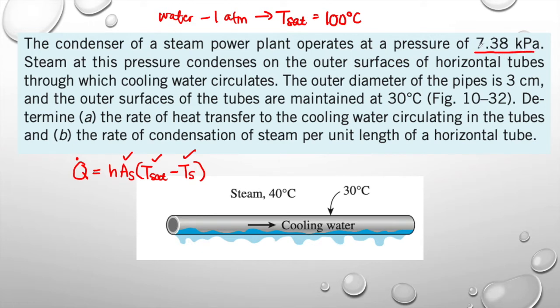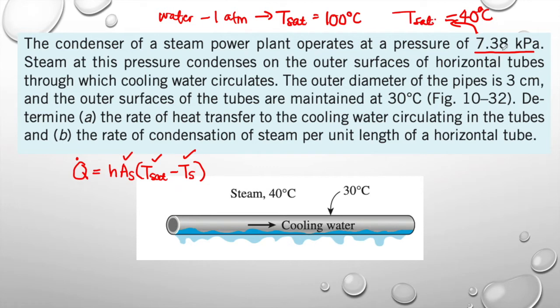So what you have to do is determine the temperature at this pressure, because that is the saturation temperature where the steam in the power plant will condense to liquid, vapor to liquid. From the table, we know that at 7.38 kilopascal, the temperature is 40 degrees Celsius. So this is your T saturation.